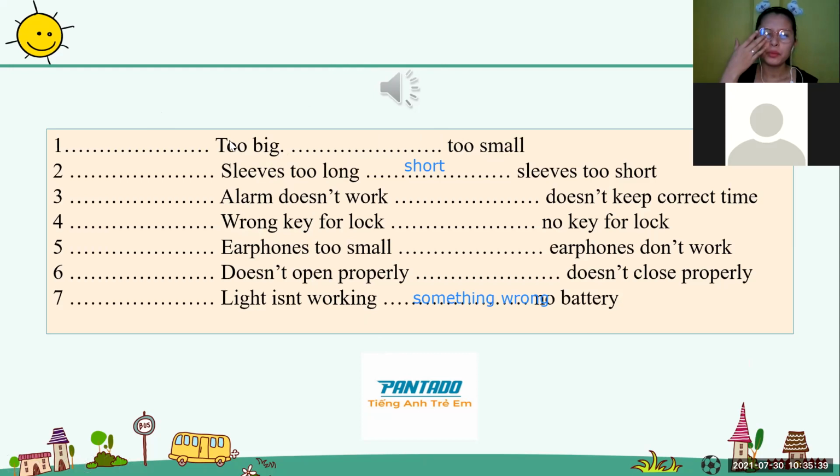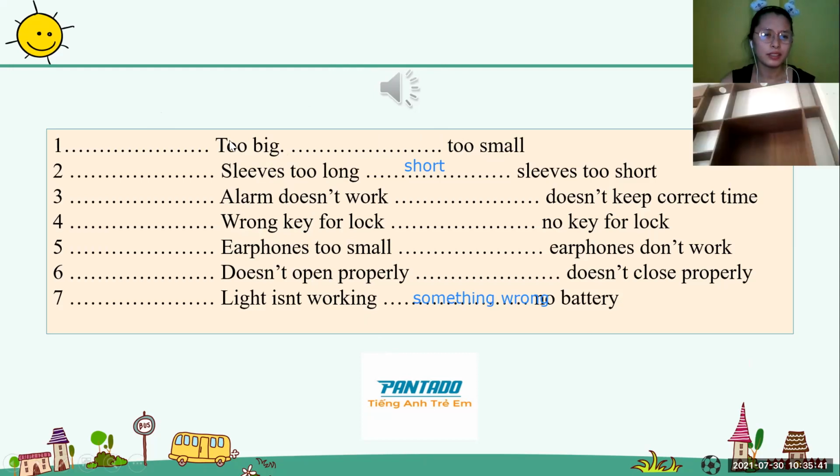Okay, what's wrong? Okay, so you cannot hear the sound well? No, the problem is the sound is bad. Okay, so what will I do with that?